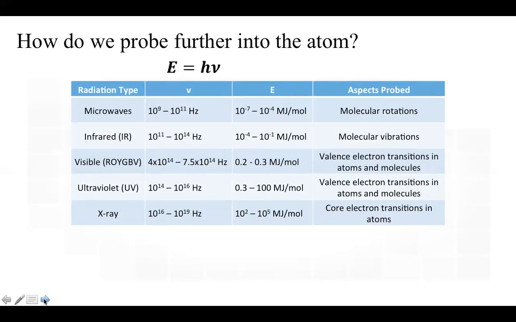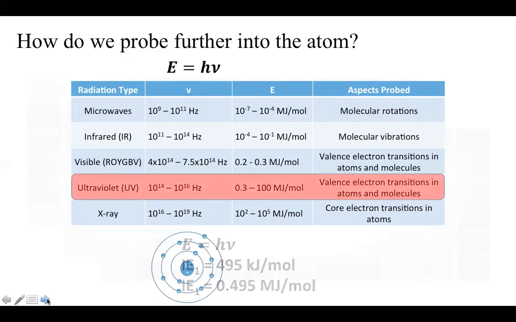So to remove one of the core electrons, we'll want to pick some radiation type that is going to have more energy, and if it's more energetic, it's going to have a higher frequency. So to remove the core electrons, we're going to want to use X-rays here, since X-rays are going to have the higher frequency values.